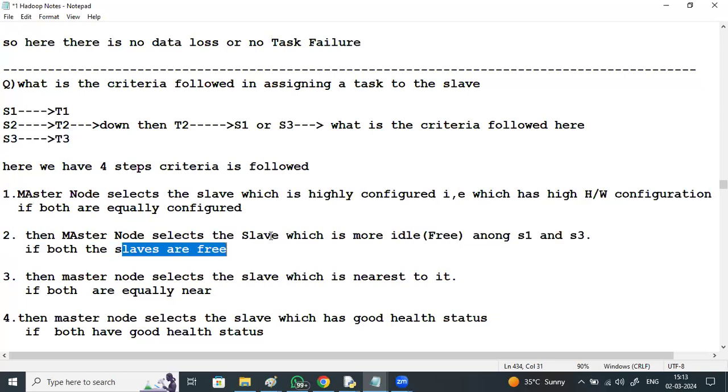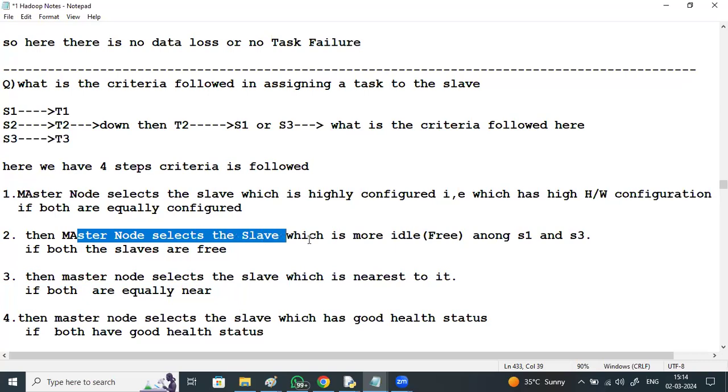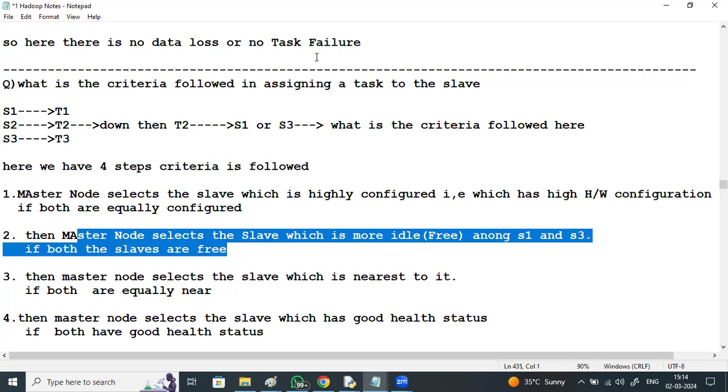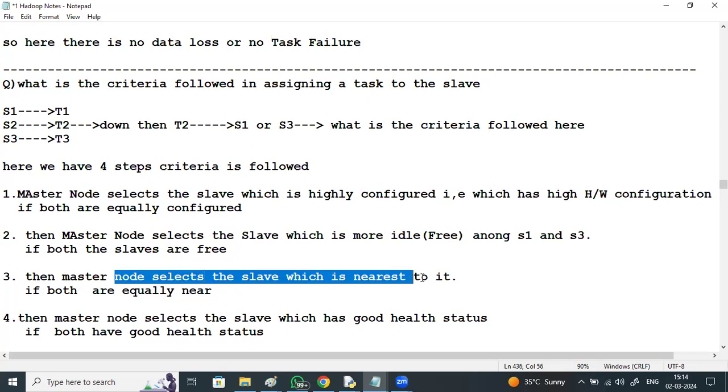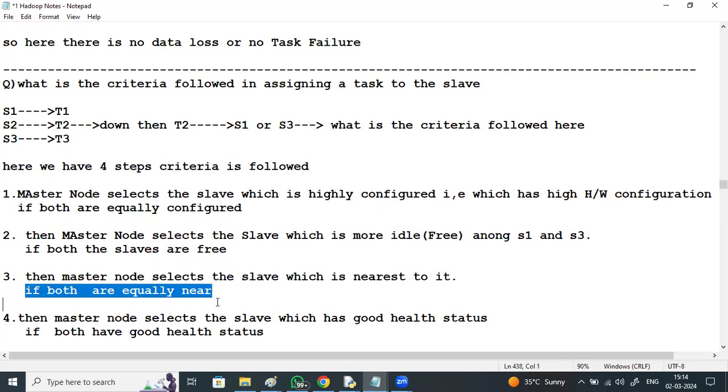If both the slaves are free, the master node selects the slave which is nearest to it. If both are equally near, see, the master can be in one country and the slaves in different countries.